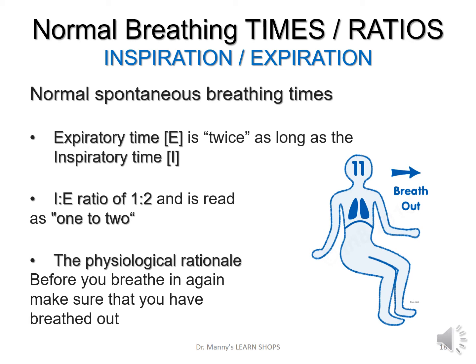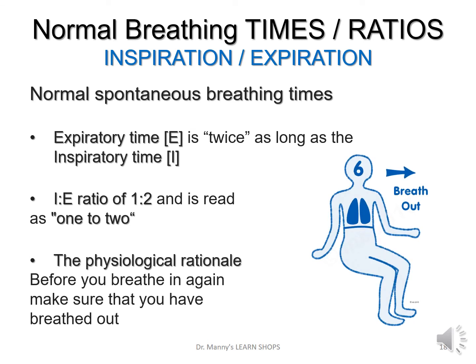This is called the expiratory time. And typically, it's twice as long as the inspiratory time. So the IE ratio, typically, in a normal person, is about 1 to 2. And just read exactly as that, as 1 to 2.